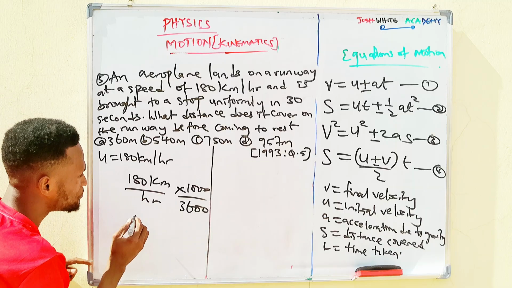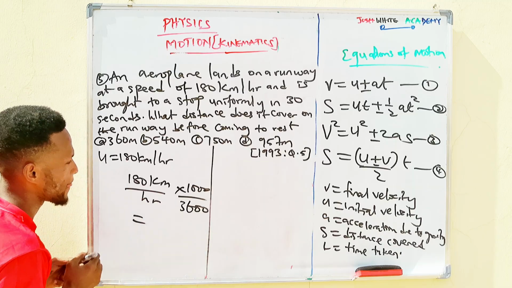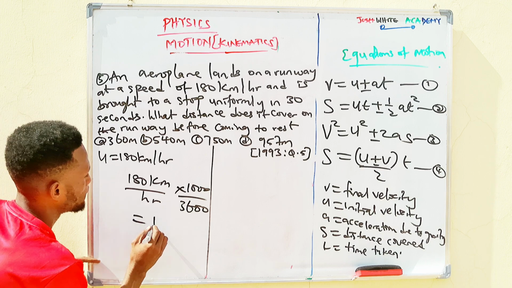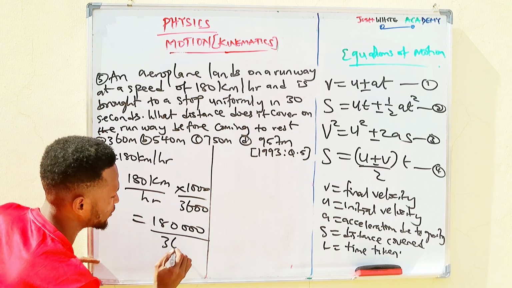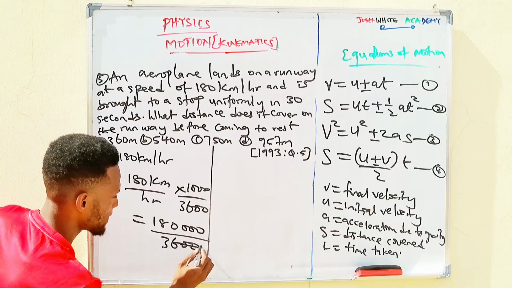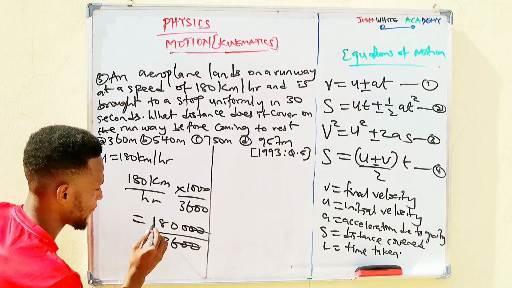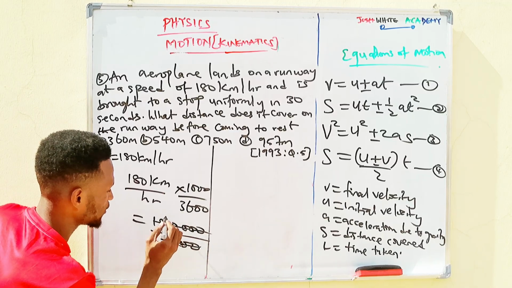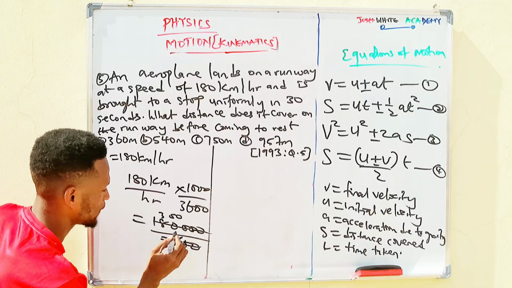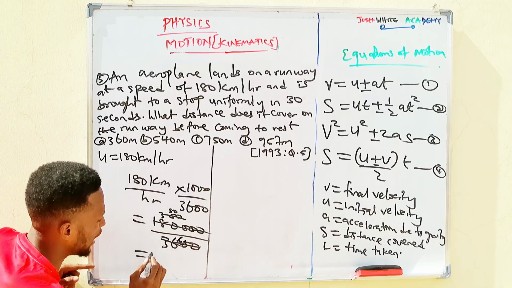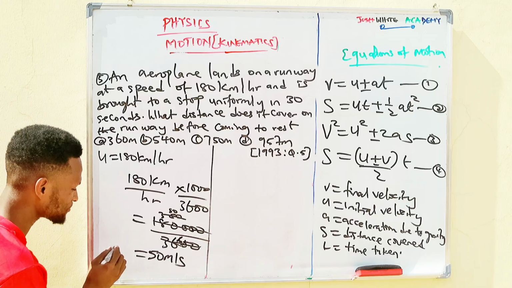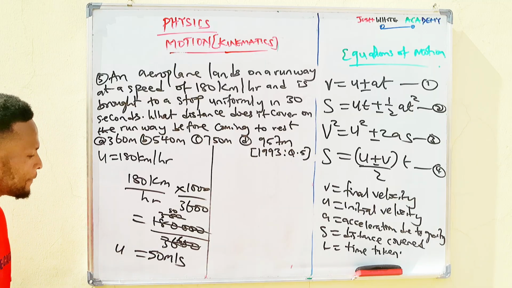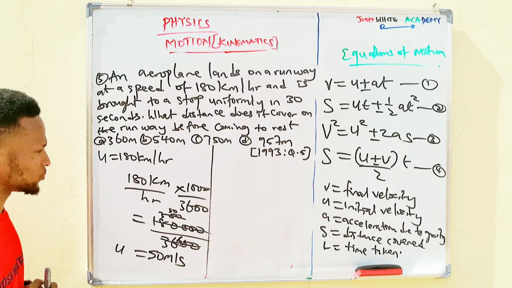So this will give me 180,000 divided by 3,600. So our answer is 50 meters per second. So you see, our initial velocity is 50 meters per second.